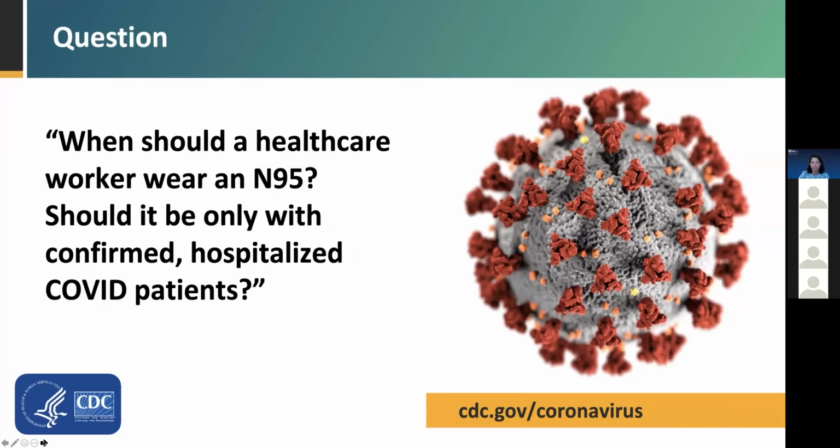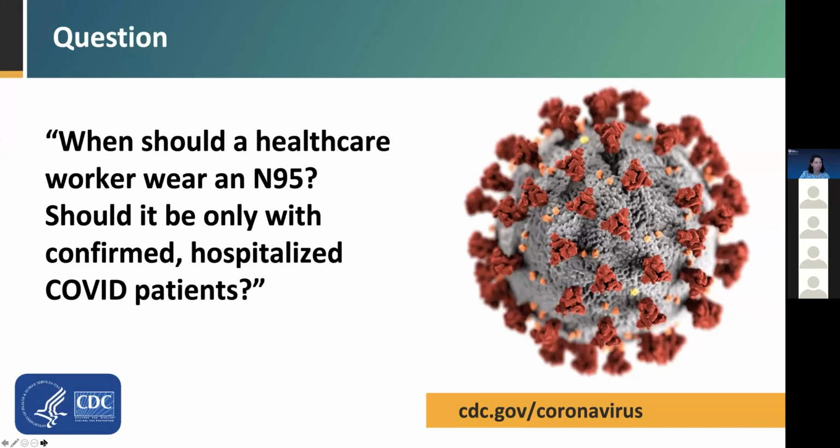So, hey, this is David Kuhar, and I work with Alex and Melissa, and I will take this question. In general, N95 respirators are worn when they are recommended for when caring for someone who you suspect or know has a certain disease. Historically, this has been diseases like tuberculosis, varicella, measles.